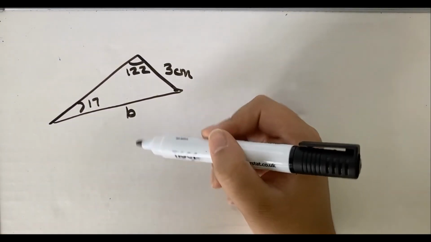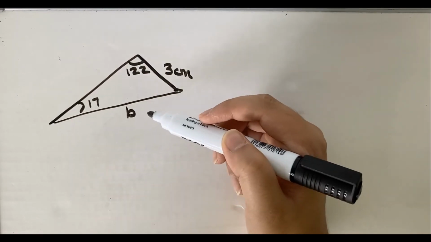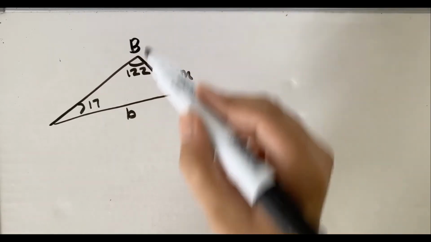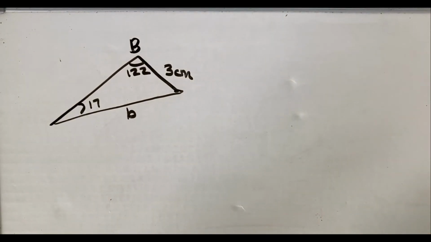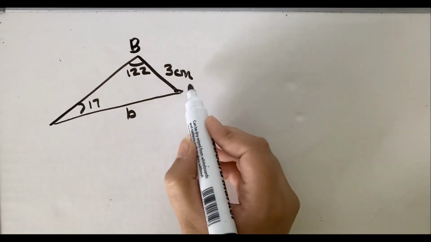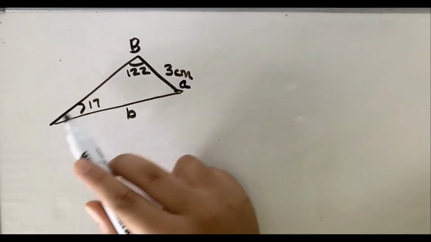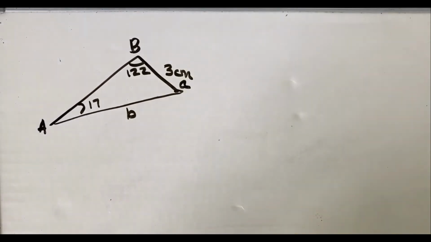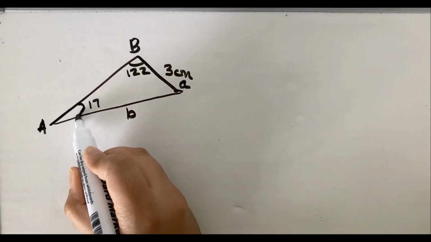So we have small b here. Now whatever is opposite small b is big B. So therefore 122 degrees is big B. We can label this side a, and whatever is opposite a is big A. Therefore big A is 17 degrees. Well done. Now we've labelled the triangle.